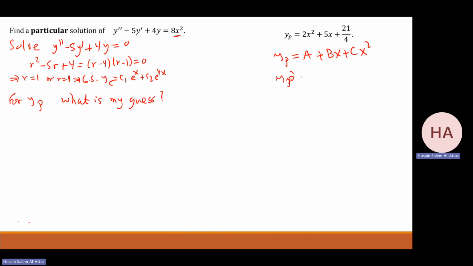That gives me b plus 2cx. yp double prime gives me 2c. Now substitute this here, so I need 1, minus 5, 4.